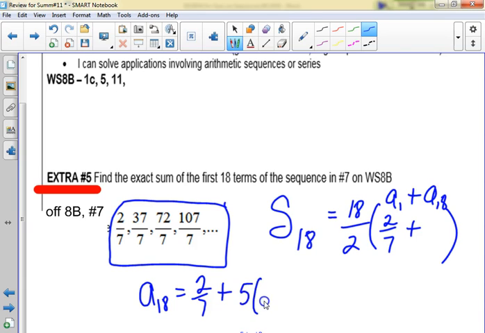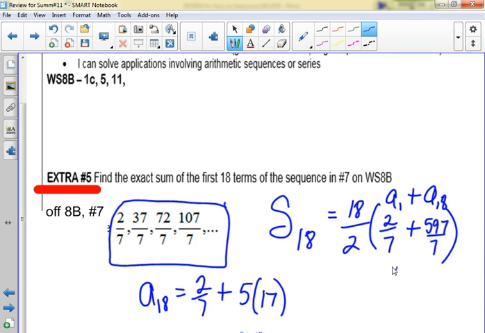How many times to get to the 18th term? 17 times. So that's just 2/7 plus 85, and we get 597 over 7.